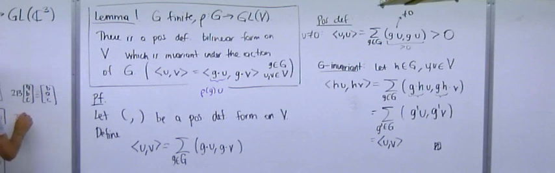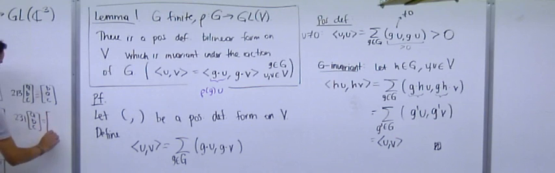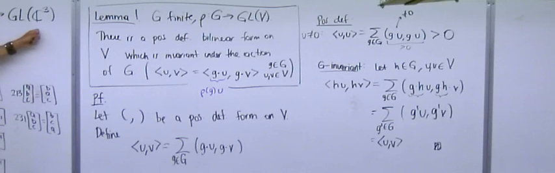What does 2, 3, 1 do? It gives me B, C, A, etc. Okay? So we understand how this group acts on the three-dimensional space. The group element 2, 3, 1 puts the second coordinate, the third coordinate, the first coordinate, etc. Okay?